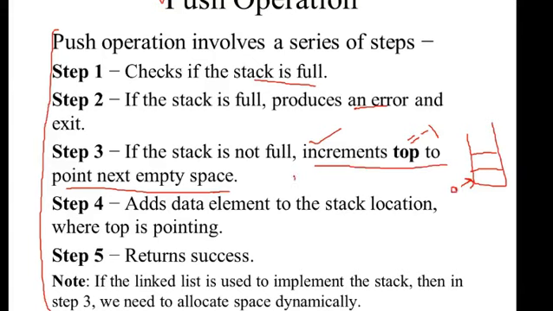So the top value will be increased by 1, and automatically it will be index 0, because initially we used top as -1. That is also the reason why we use top as -1 during initialization: whenever we increase the top by one, automatically it will point to index 0. That's why we generally initialize top with -1.